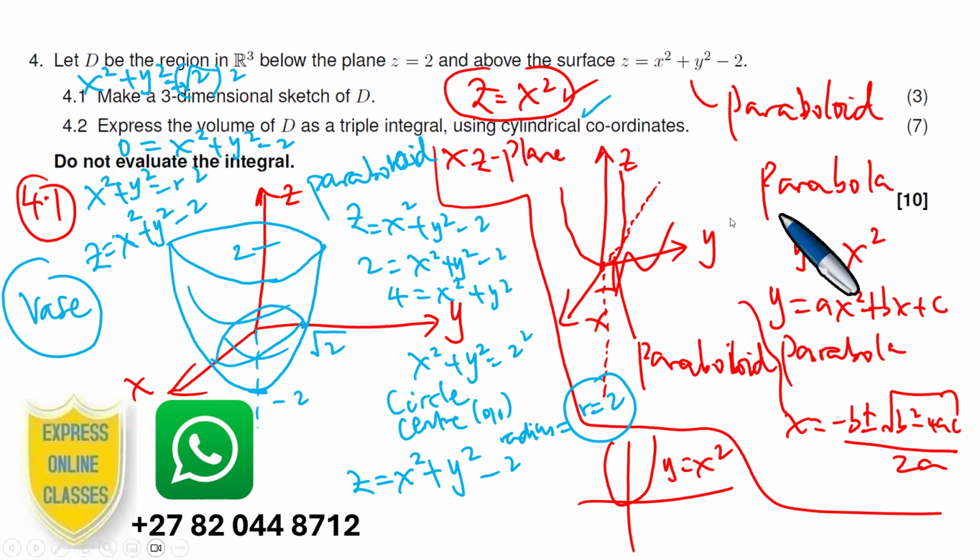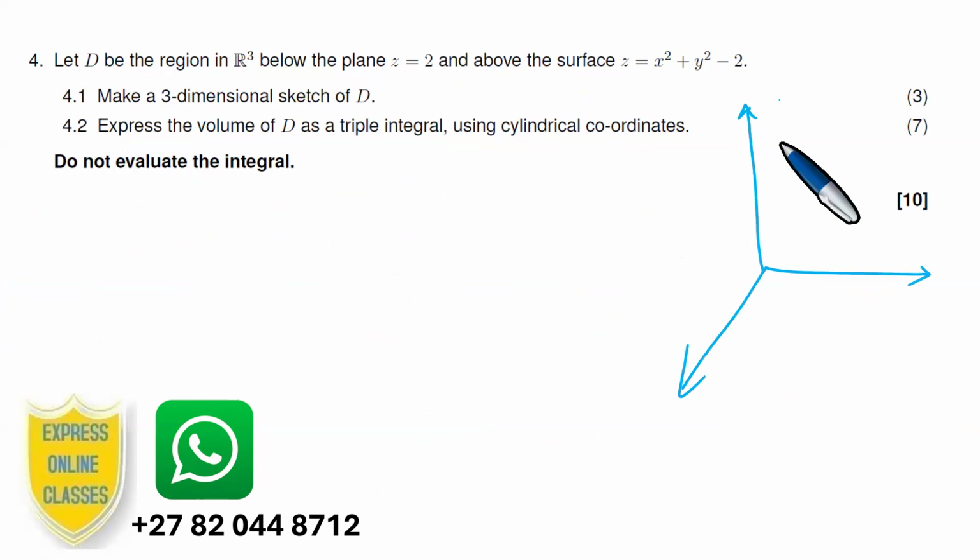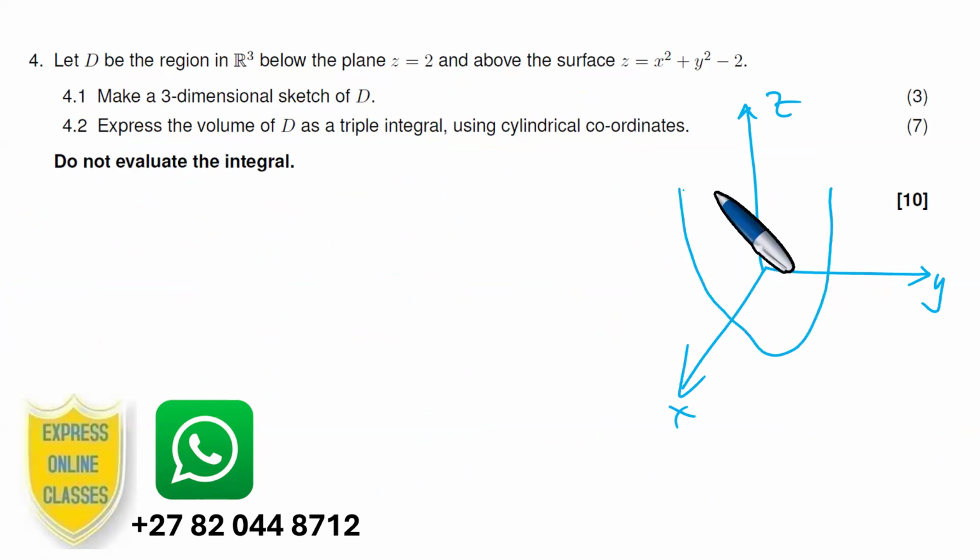Cylindrical coordinates focus on the fact that if you have a three-dimensional setup, z, y, x, and then you have this, and then you have minus 2, 2.